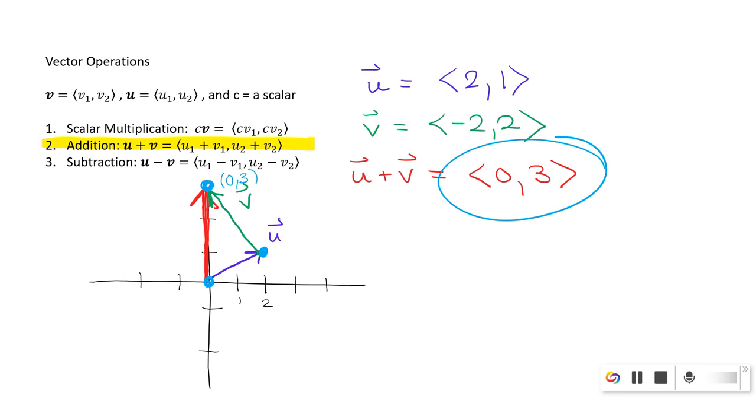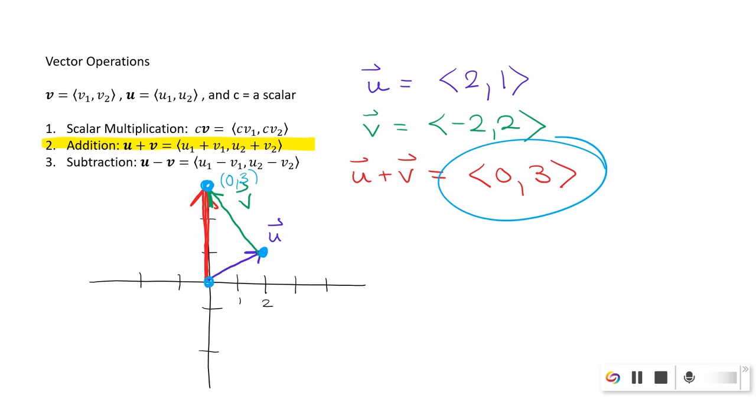And that is where the sum of these two vectors ends, or that would be the terminal point of the sum of these two vectors. So what I have drawn in red is my sum u plus v.